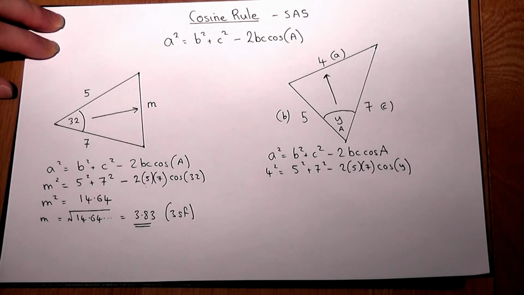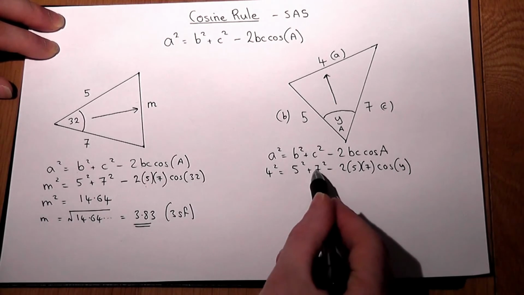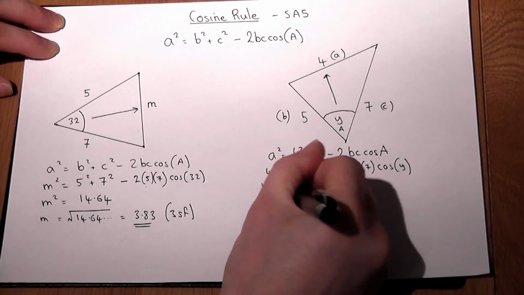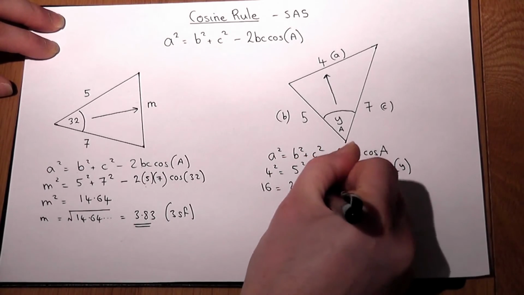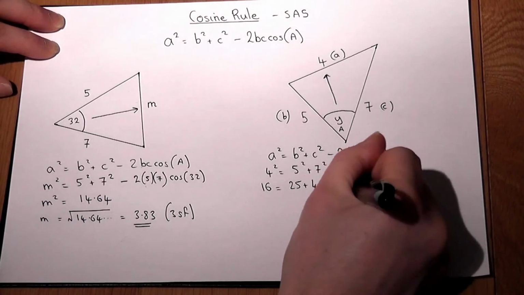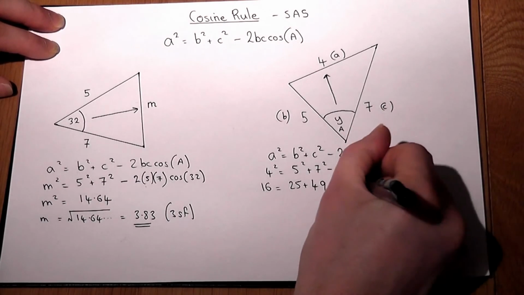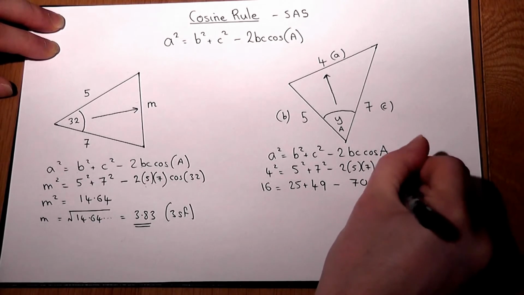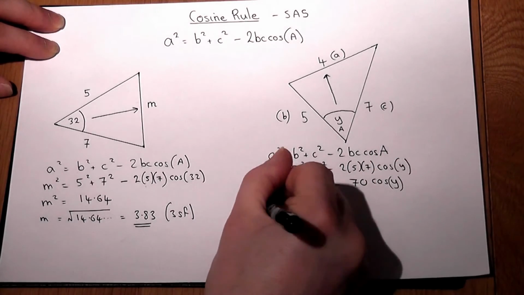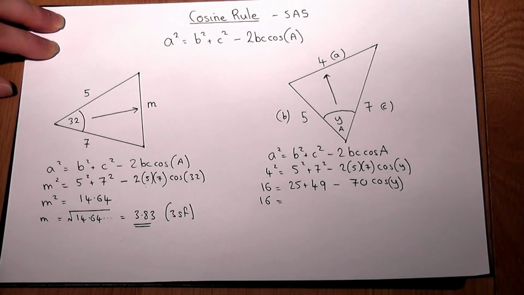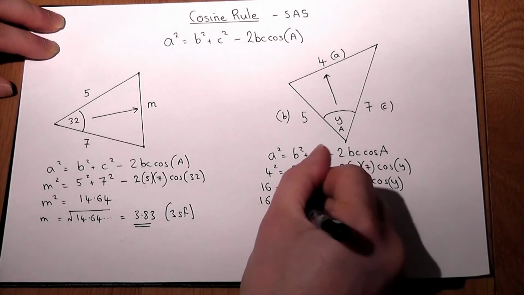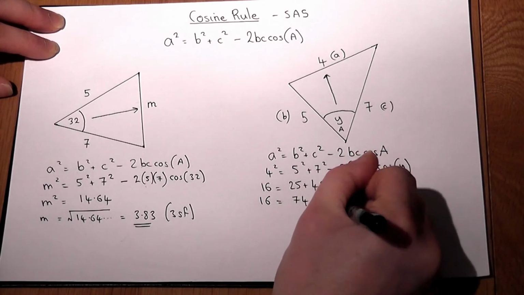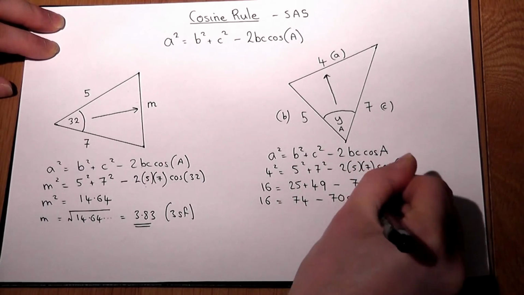And the trick here is to be able to rearrange this formula, and it's not too tough to do. So we work out the squared parts first and get 16 equals 25 plus 49 minus 2 times 5 times 7 is 70 cos of y. Then, add those together, we get 74. Take away 70 cos of y.